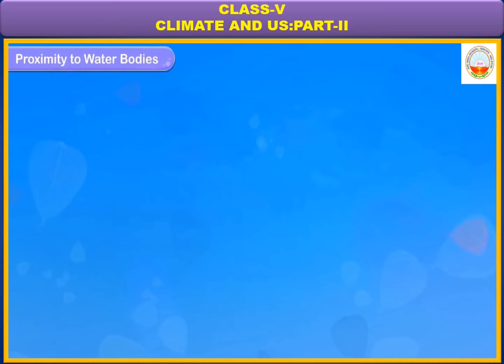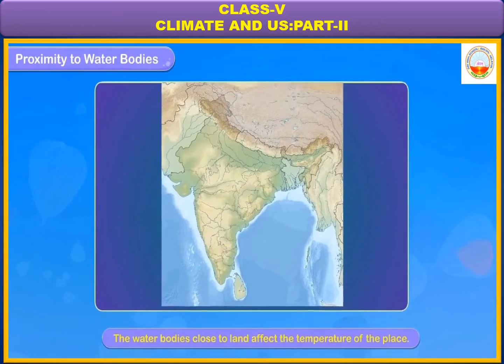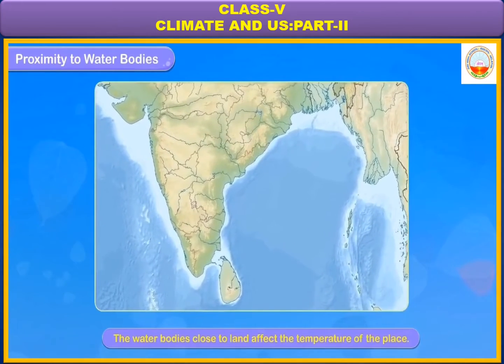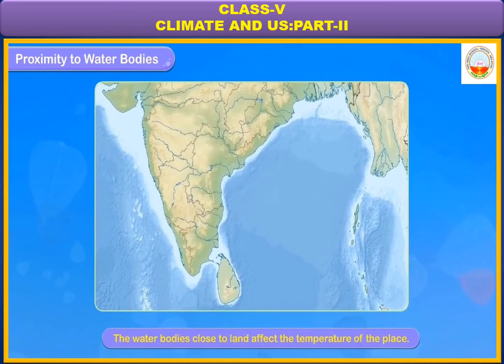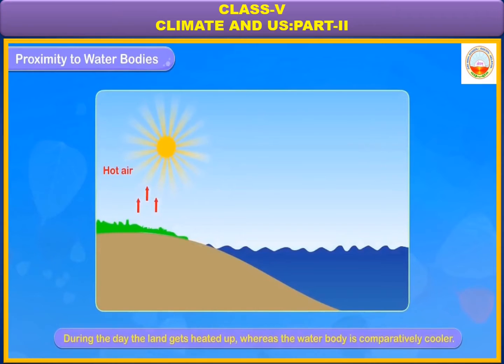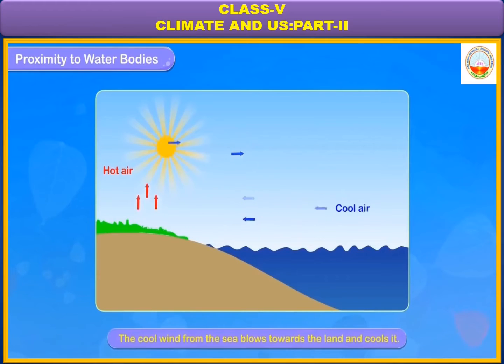Now let us learn proximity to water bodies. The water bodies close to land affect the temperature of the place. During the day, the land gets heated up, whereas the water body is comparatively cooler. The cool wind from the sea blows towards the land and cools it.